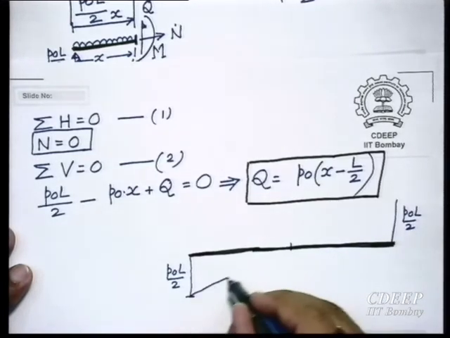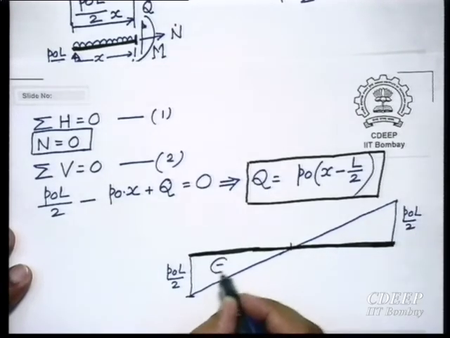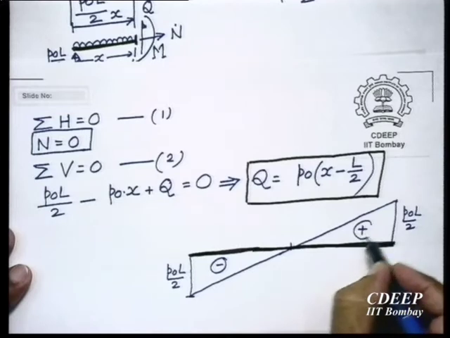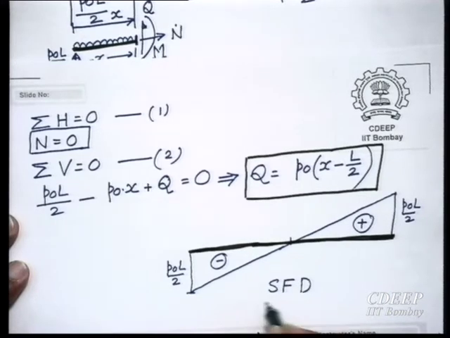Join this by a straight line. This one is minus, this is plus. So, this is the SFD, the shear force diagram. It varies like this.